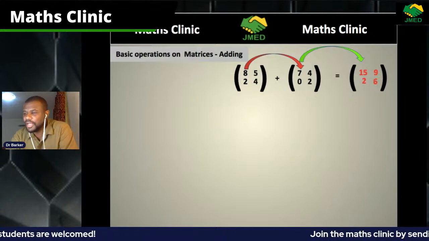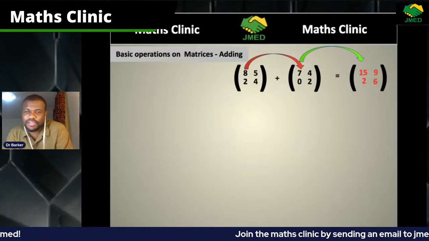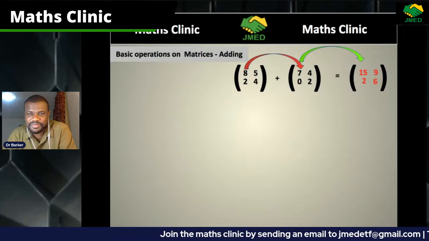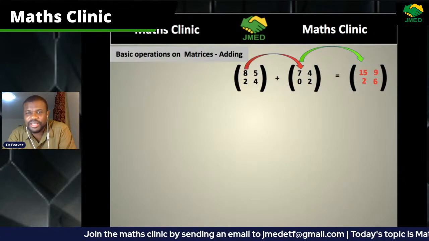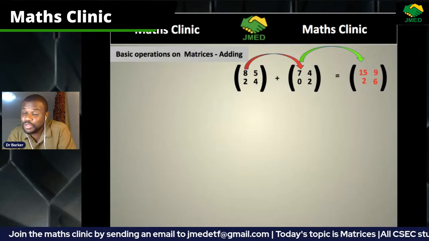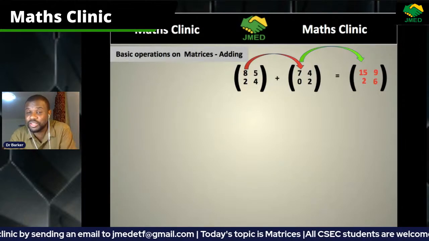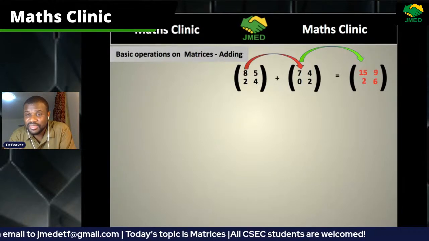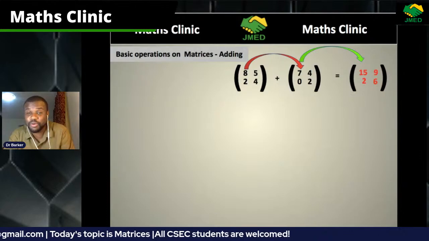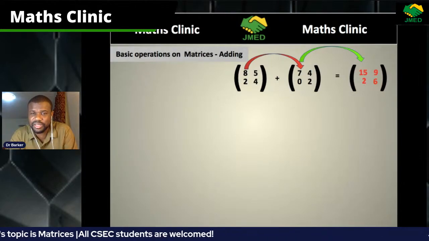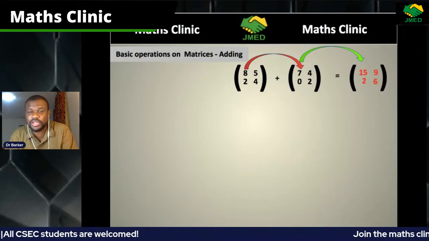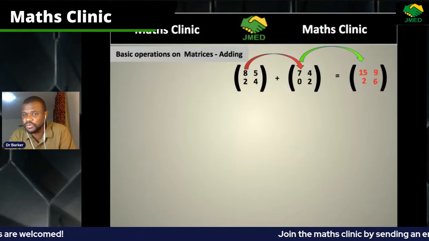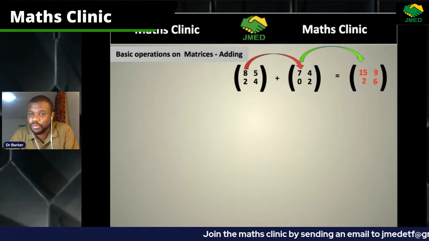Okay, so you mean like if you have a 3 by 3 and a 5 by 2 to add, right? That's what you're saying. You cannot add matrices. This is something you can even make a note of. You cannot add matrices that are not the same order, meaning they are not both 2 by 2. So you can only add 2 by 2 with 2 by 2 and 3 by 3 with 3 by 3. Because you can see the problem, right?